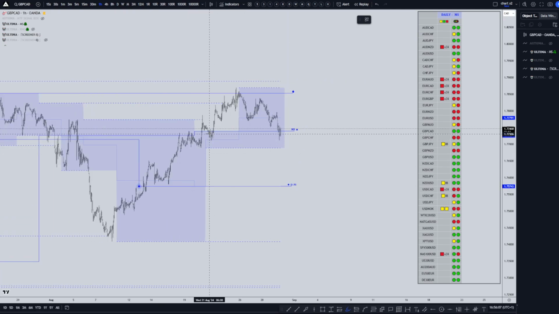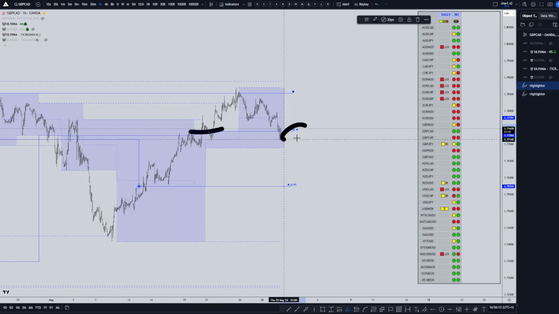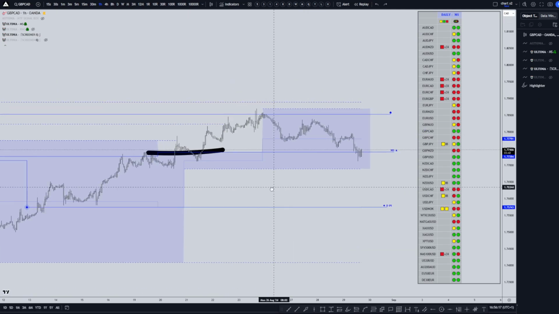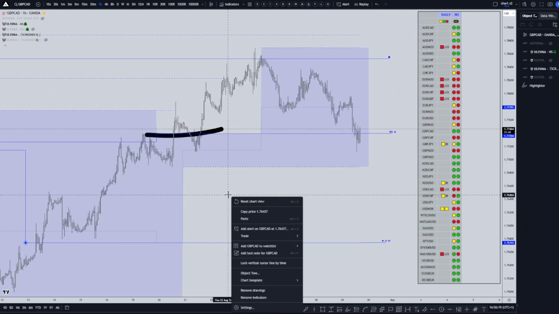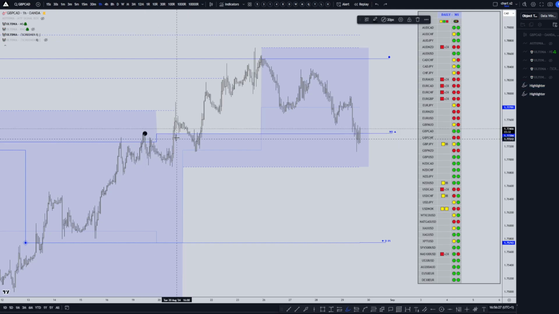Let's say it had the market structure break here, right? So price came, broke the structure, established a bullish break. If it pulls back, actually like here you can see it's done that. We hit this structural point, structural liquidity, and right here we establish a bullish break.